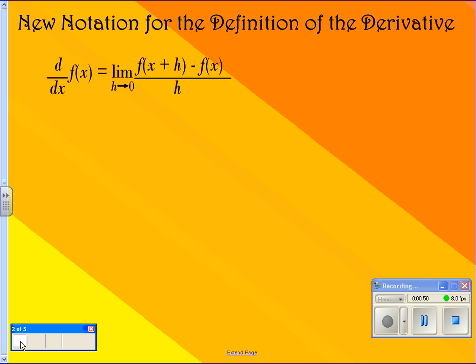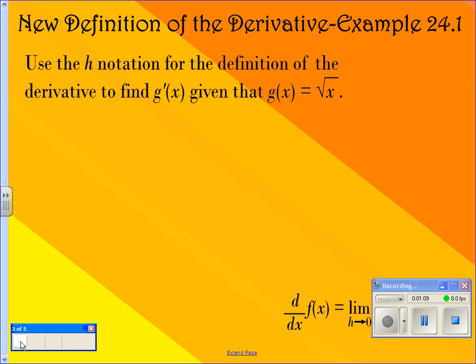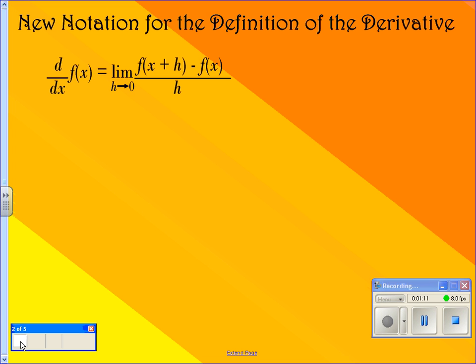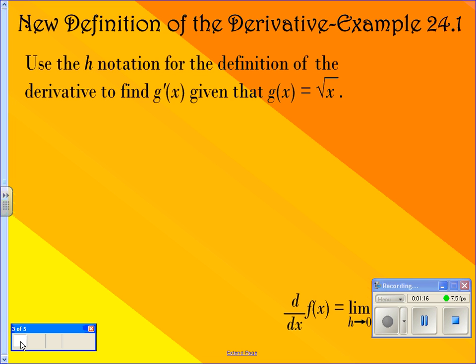All right, you know that the derivative of f of x equals the limit as h goes to 0 of f of x plus h minus f of x divided by h, right? So we're going to use the h notation for the definition of the derivative to find g prime of x.